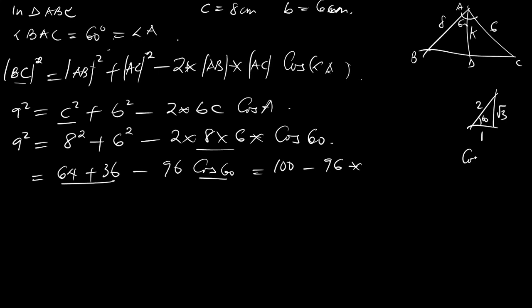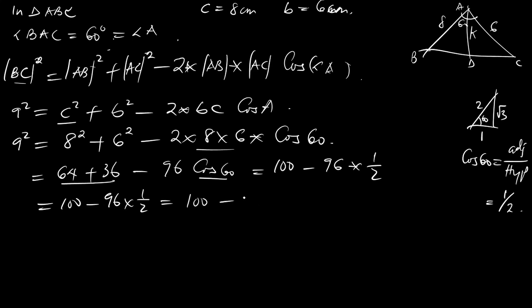So cos 60 is what? Adjacent over hypotenuse. So the adjacent to 60 degree here is 1 all over the hypotenuse, which is 2. So we now have 100 minus 96 times 1 all over 2. This will give us 100 minus 48, which is 52. So that means A square is equal to 52.